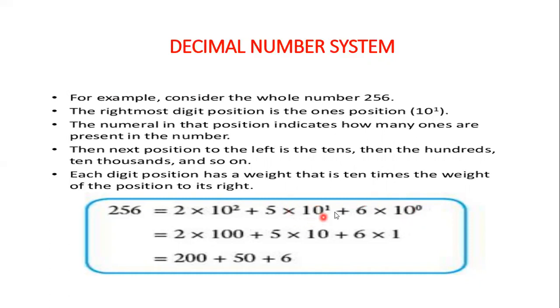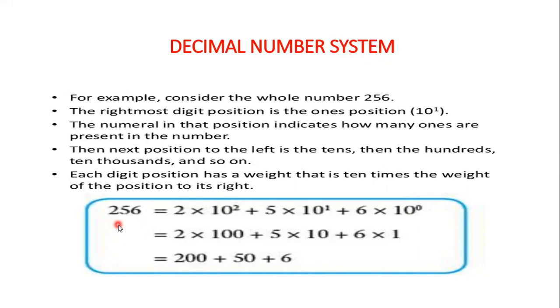So hence, when the number system has the base 10, then the number is called the decimal number. So the number whose base is 10 is called the decimal number system. Okay. So anything you can write like that.